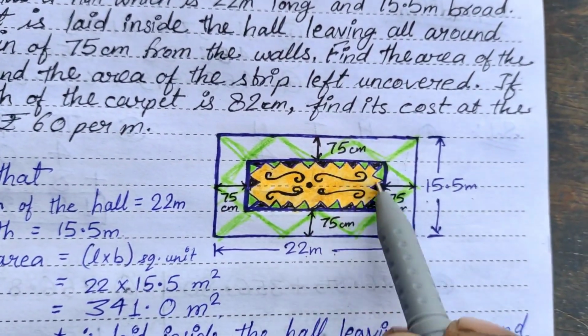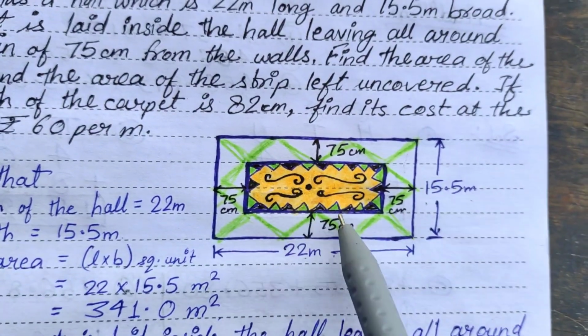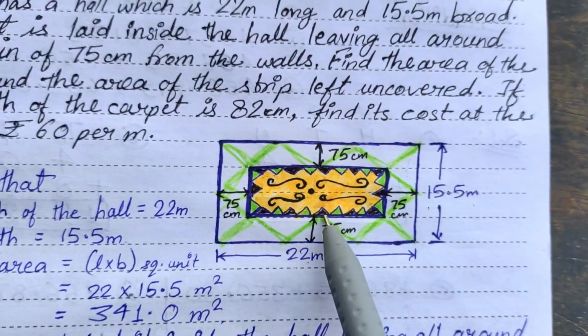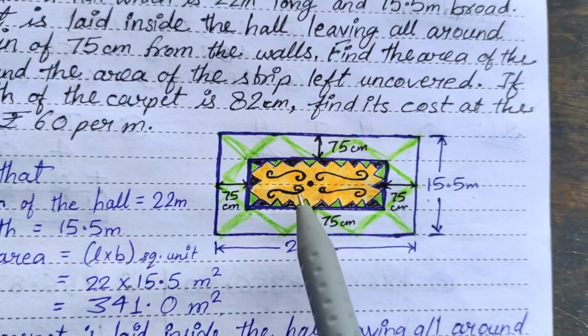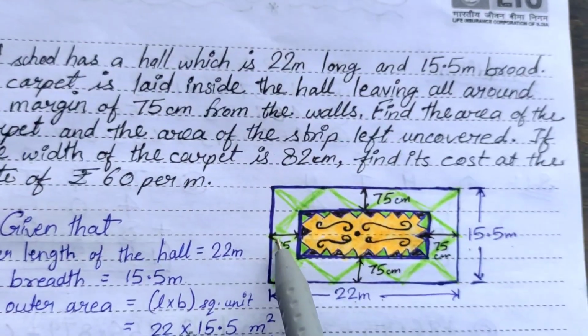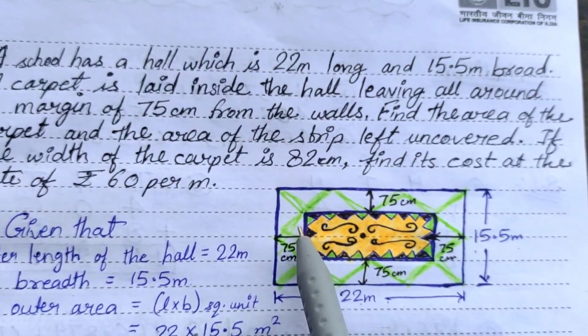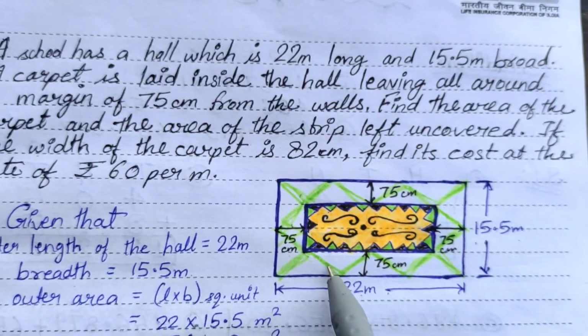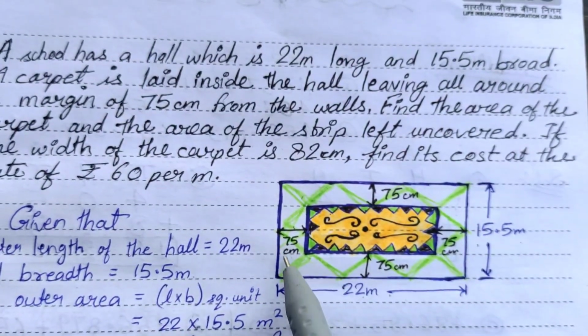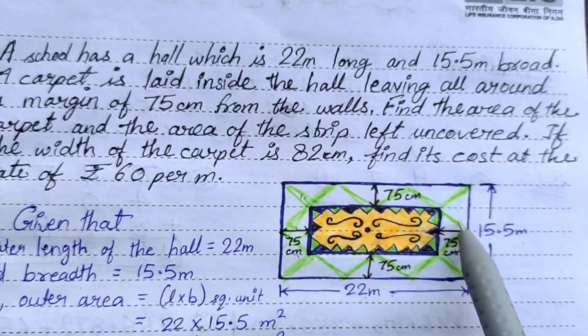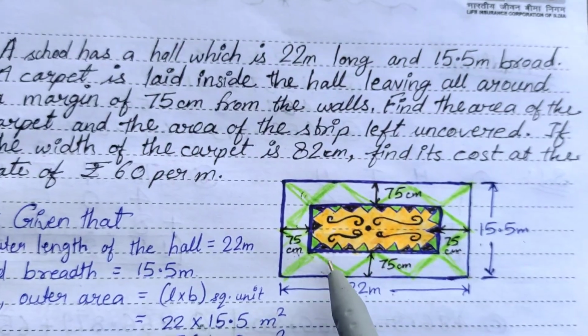Now this is the carpet which is laid inside the hall. So having the margin 75 centimeter all around, leaving the space of 75 centimeter all around in the hall.